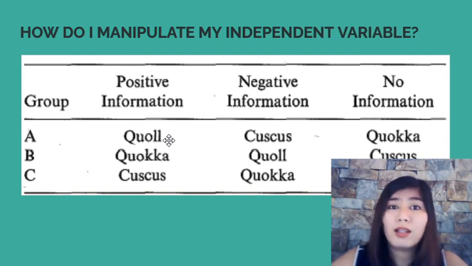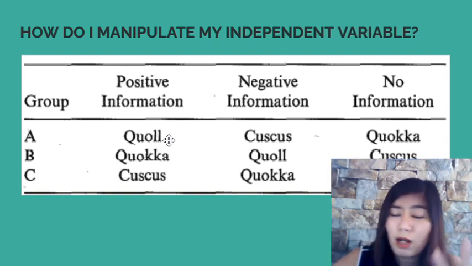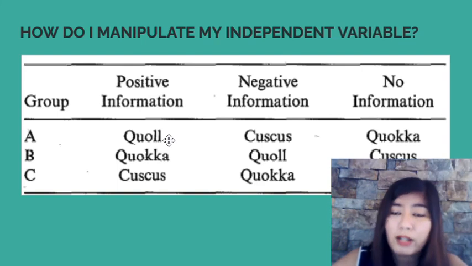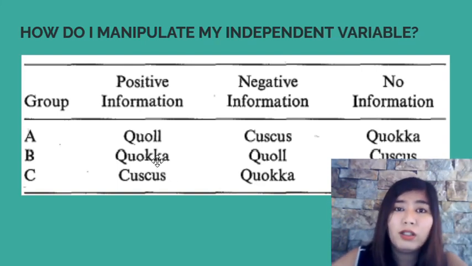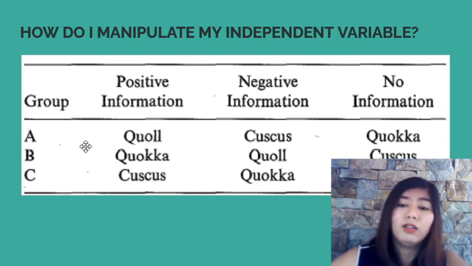We can talk about that later when we discuss the within-subjects design. What I want you to focus on right now is that the author used a technique called counterbalancing, or some kind of randomization.